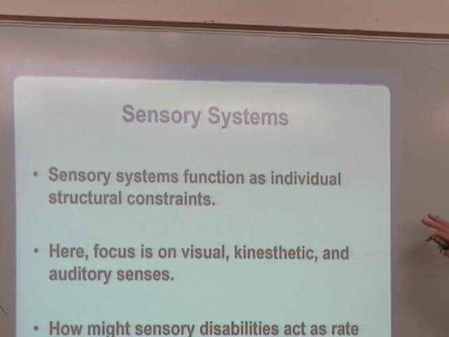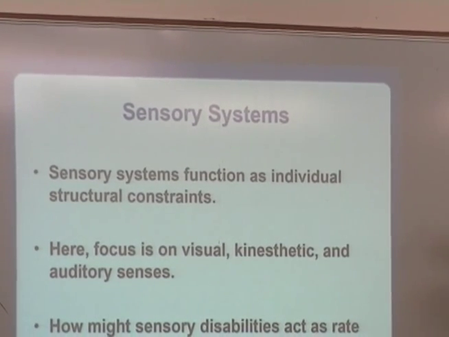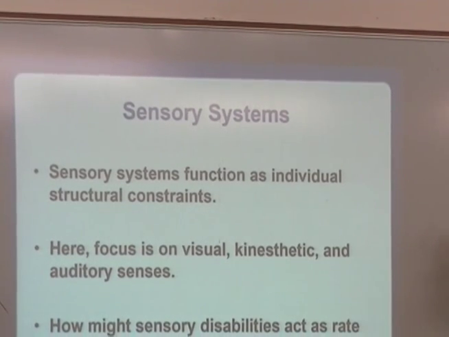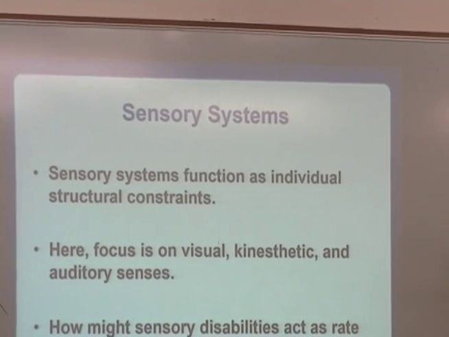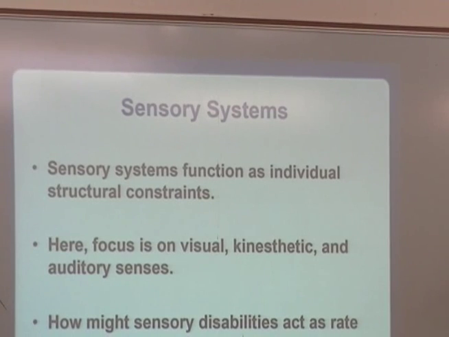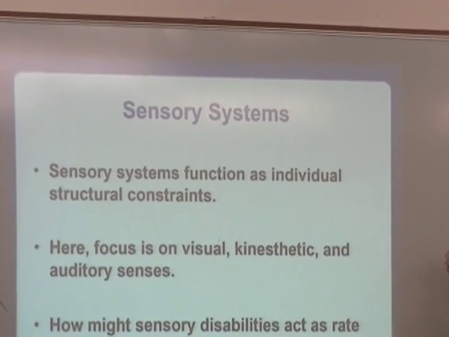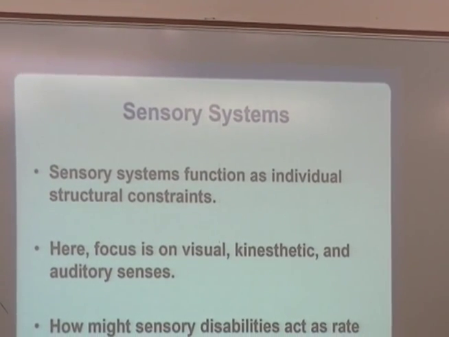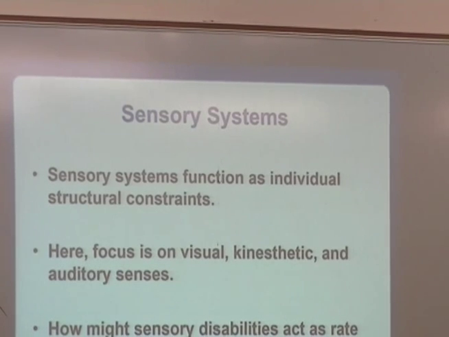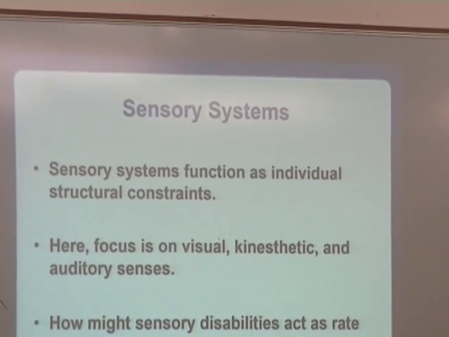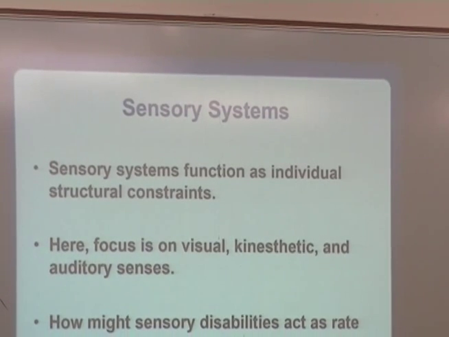And then that means that there could be a structural abnormality that means you don't get a clear signal for some reason. Perception, what's going on in the brain, is typically considered functional.